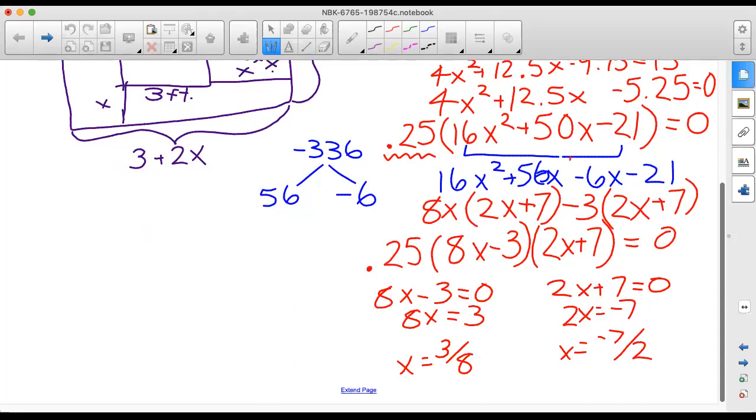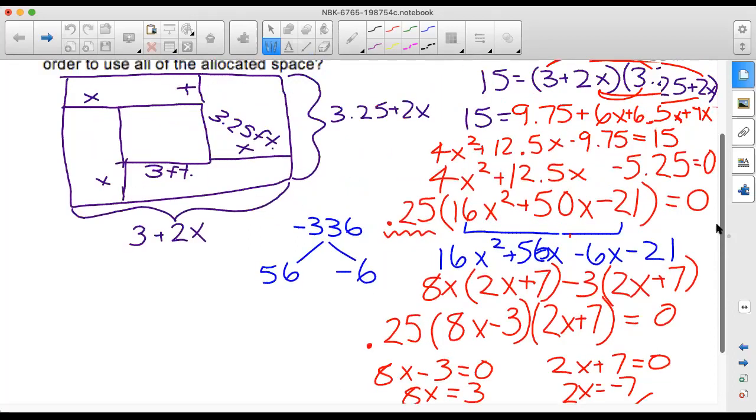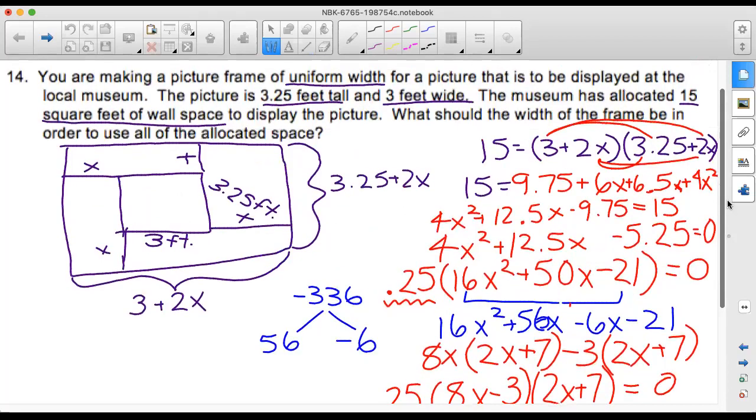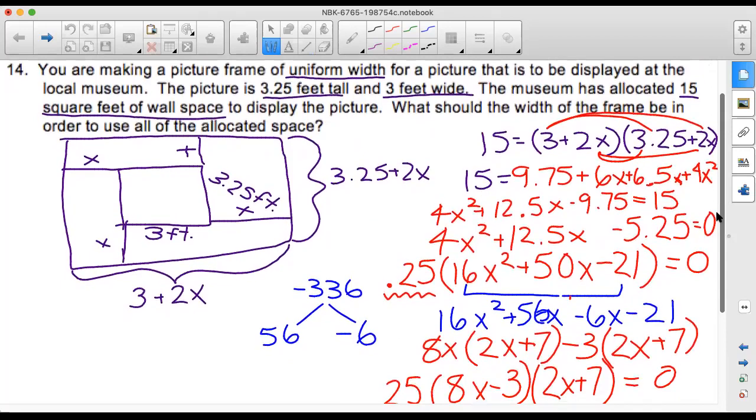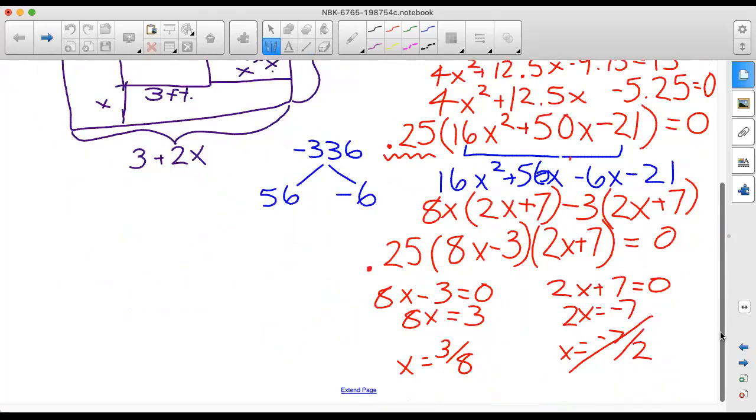Leah, which one of these is not the answer? Negative 7/2. Yeah. So we know x is 3/8. And they are asking us what the width of the frame should be. That is what we said x is, the width of the frame. So it's 3/8 feet.